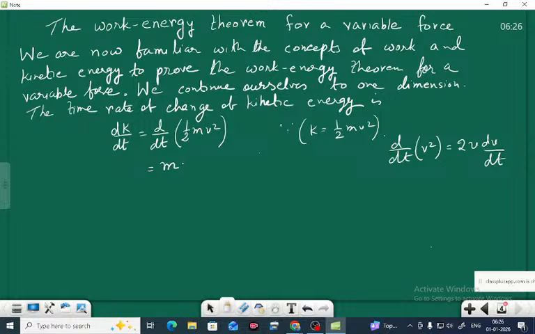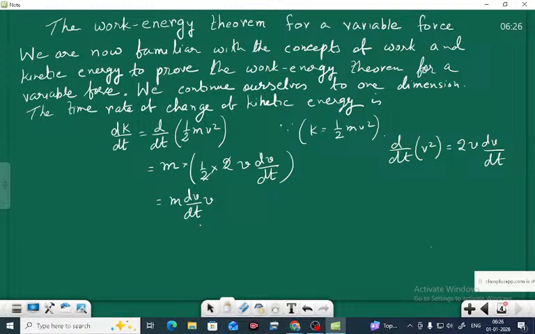So we put it here. Half is also a constant, it can be taken out. So we can write half into 2 into v into dv by dt. These two cancel out, so we are getting m dv by dt into v.